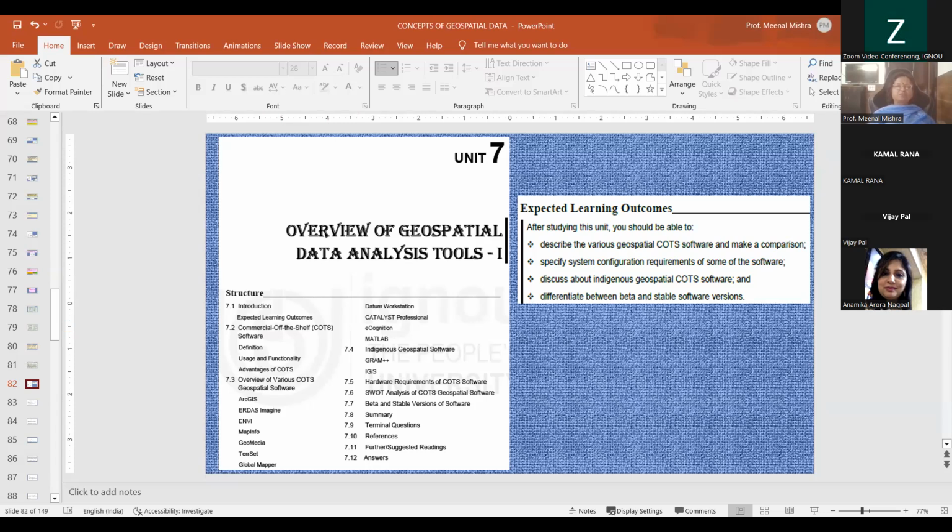We will discuss commercial off-the-shelf software, its usage and functionality, advantages of COTS, and various other COTS software that are available like ArcGIS, ADAS, NV, and then indigenous geospatial software, and then what are the hardware requirements and SWOT analysis, all these things. So your learning outcomes are given here.